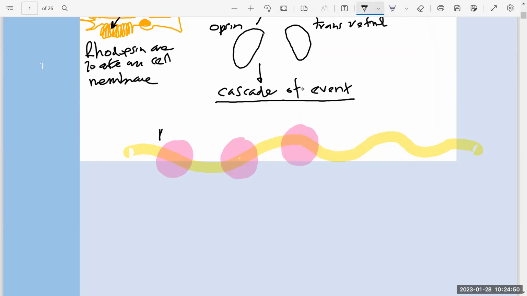This one is responsible to move potassium out, and this is responsible to move sodium in, and the sodium potassium pump takes sodium out and potassium in. As a result, the membrane can establish a resting membrane potential, which is minus 70 millivolt.